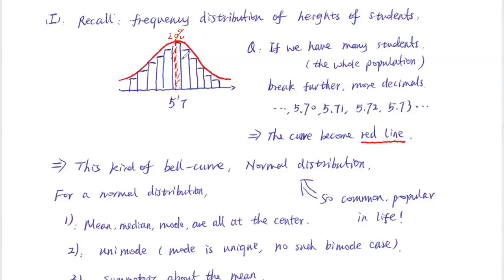And then when we add all those probabilities, for example 5.8, what's the probability for those people, the percentage? When we add all those percentages together, it should be equal to 100%. That's the idea when we say all the probability under this curve should be equal to 100%, when they're added together.